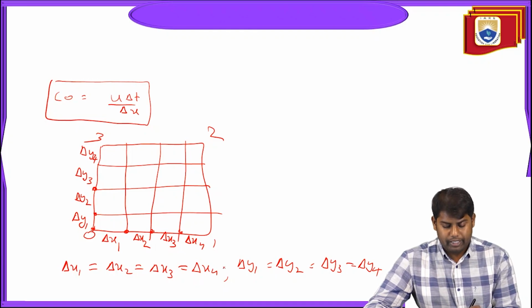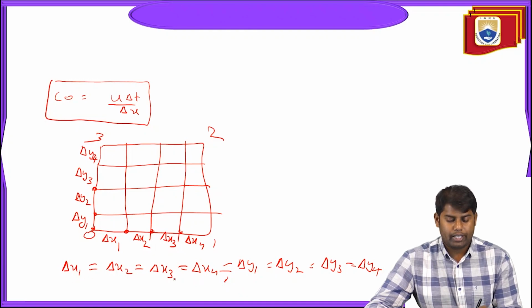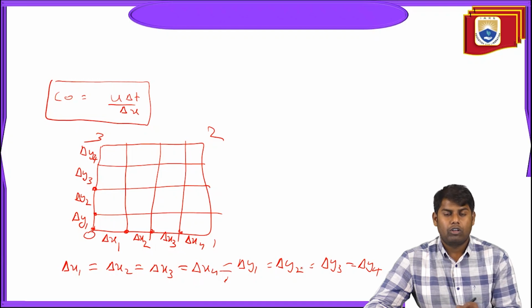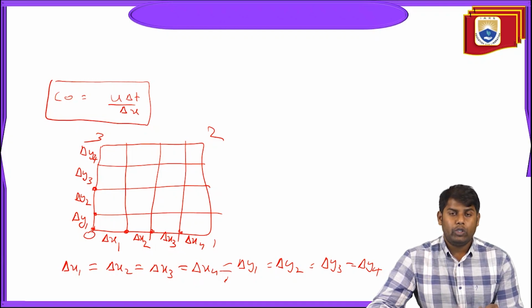Now if delta x1, x2, x3, x4 are also equal to delta y1, y2, y3, y4, then the total set of grid we call a uniform grid or uniform mesh.